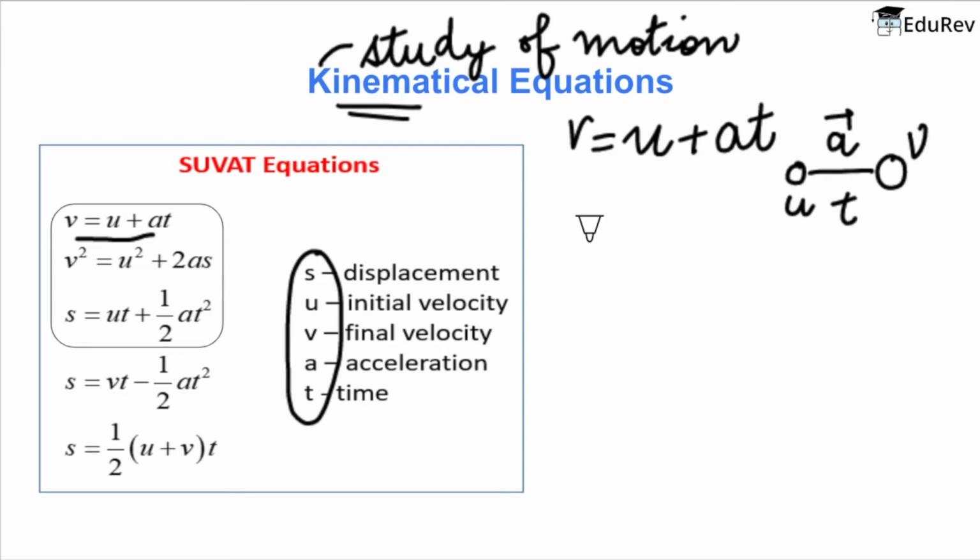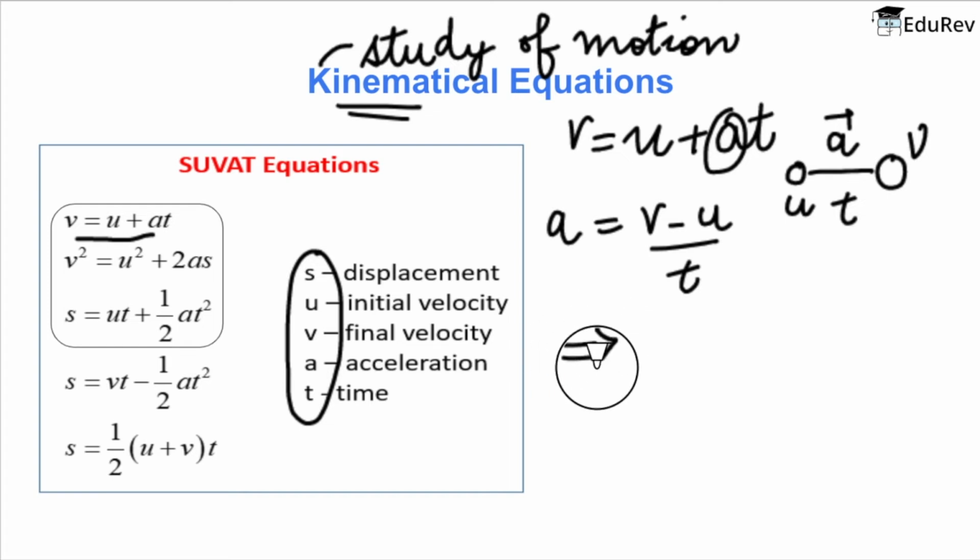And how did we get to this equation? It's all under the concept of acceleration. Acceleration, if you remember, is nothing but change in velocity divided by the total time. So, if you take the t there, you can write this as v is equal to u plus at. That's how we derived this equation.